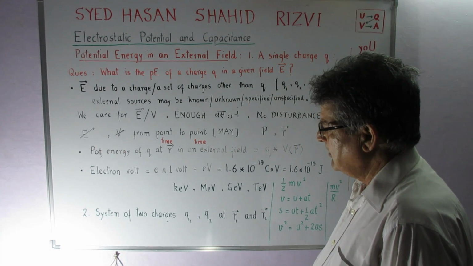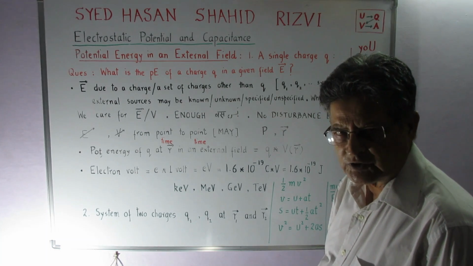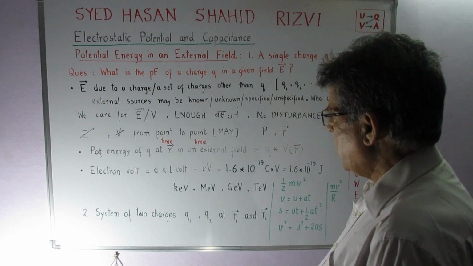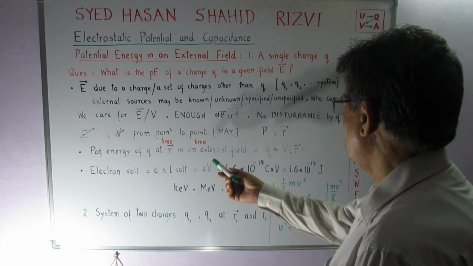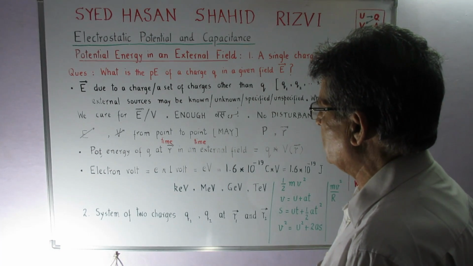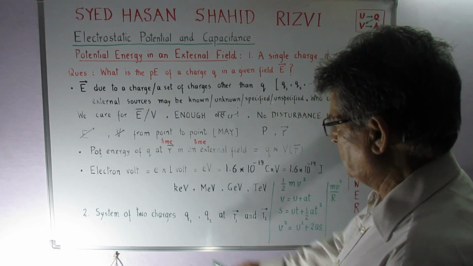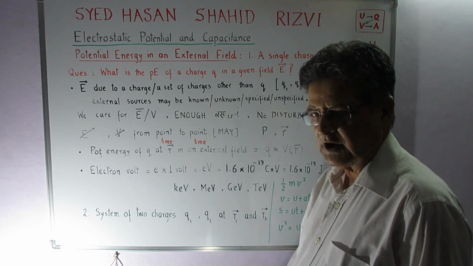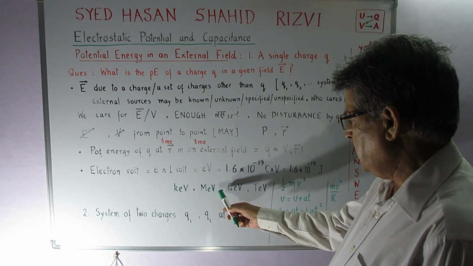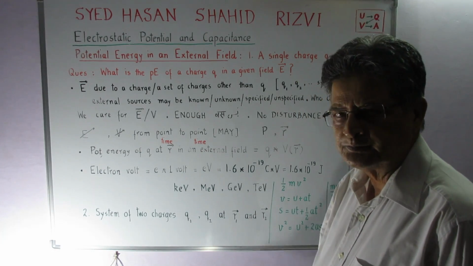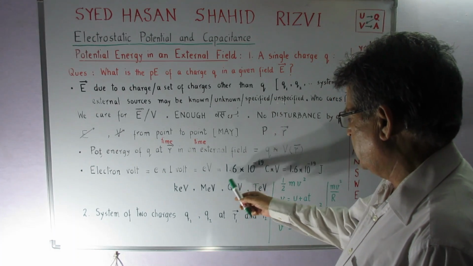For an electron we know the mass, and we know its energy in electron volts. What is this? keV, k for kilo. MeV, M for mega. GeV, G for giga.